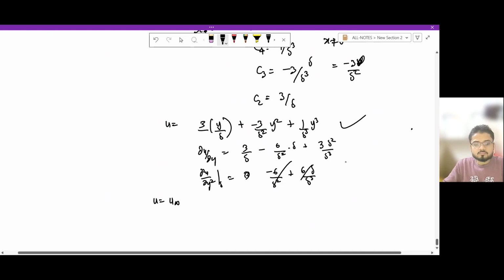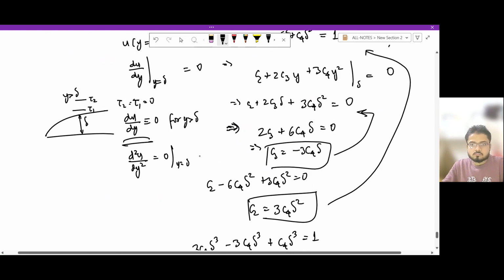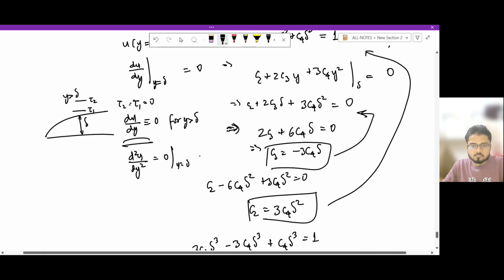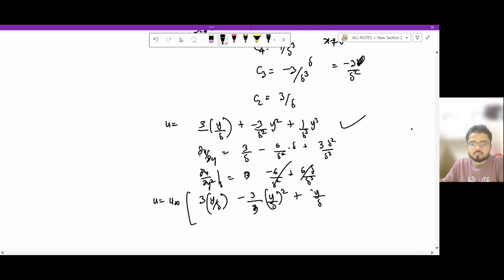U is U infinity times C1 is 0, C2 is 3y over delta minus 3 by delta, 3y by delta squared plus y by delta cubed.